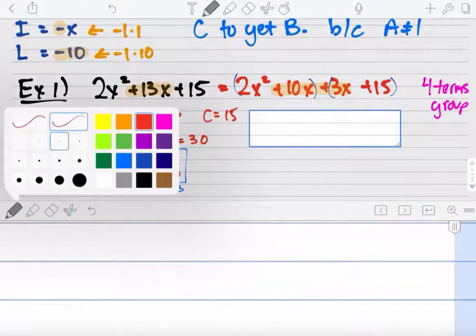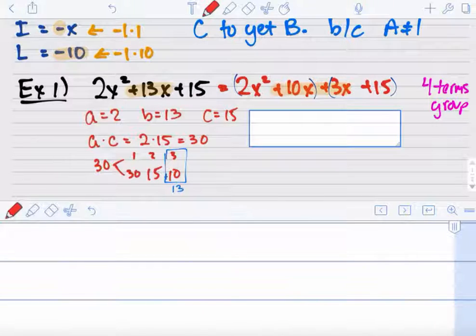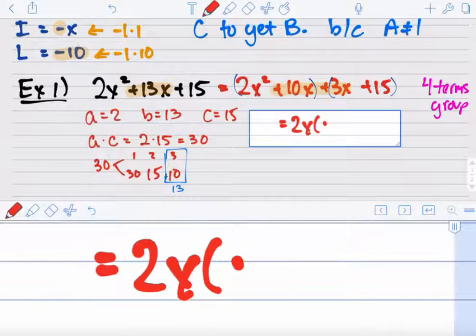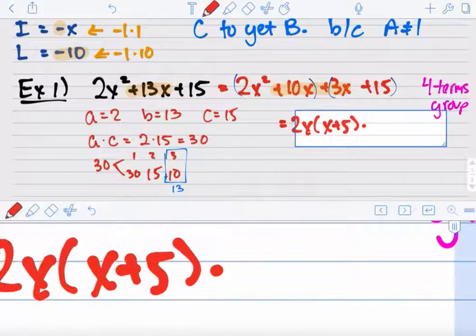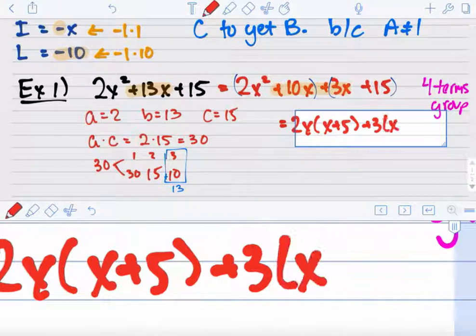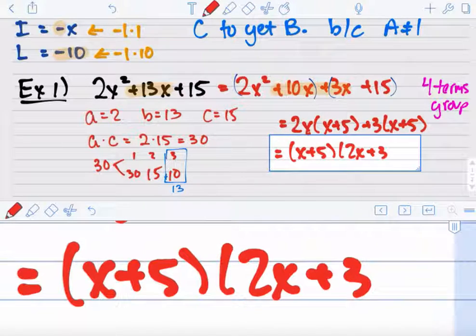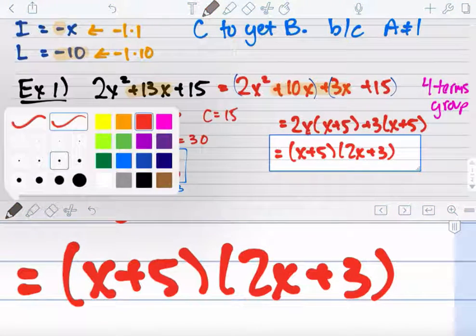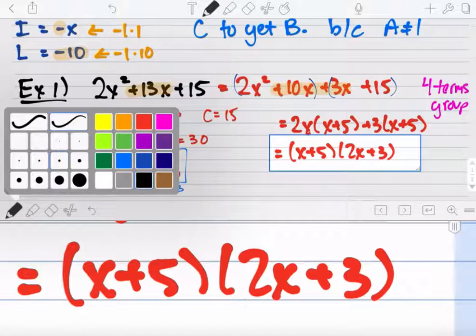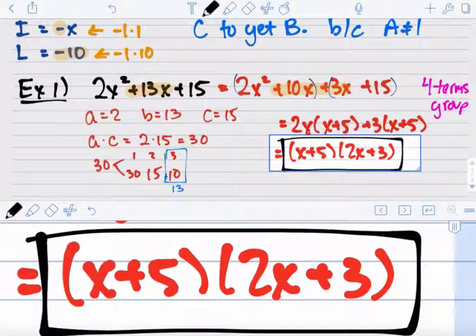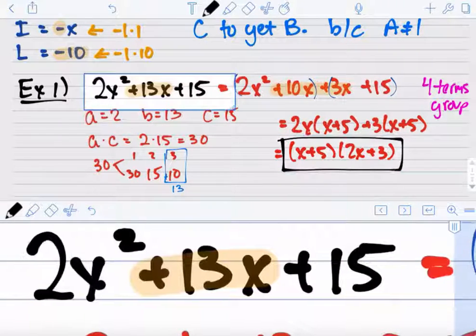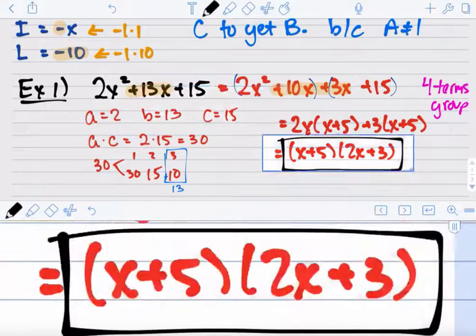My next step is to pull out a 2x from the first part and I get x plus 5. I can also pull out a 3 from the second part and I get x plus 5. Together I can pull out an x plus 5, and that gives me 2x plus 3. I've now factored my original expression into two binomials that result in the original trinomial 2x squared plus 13x plus 15. If I FOIL that out, I will get that.